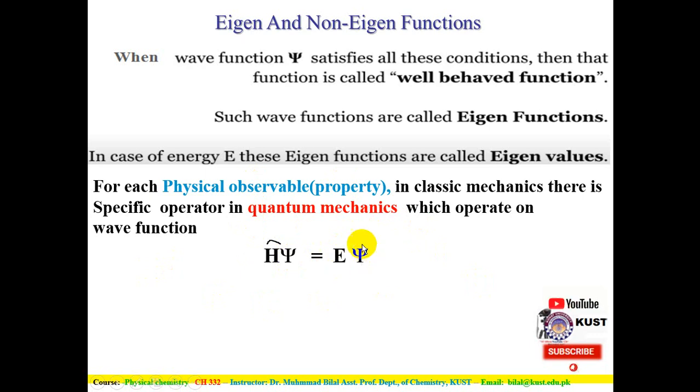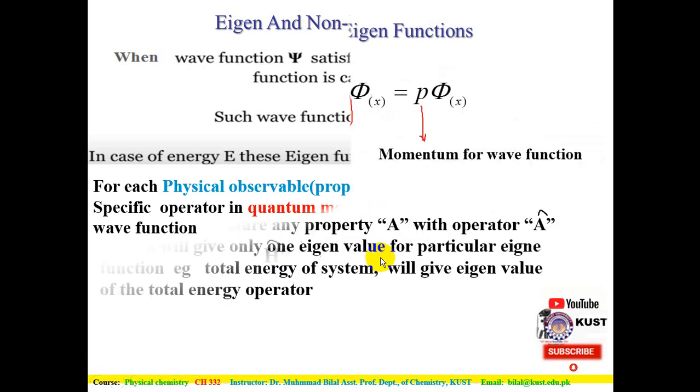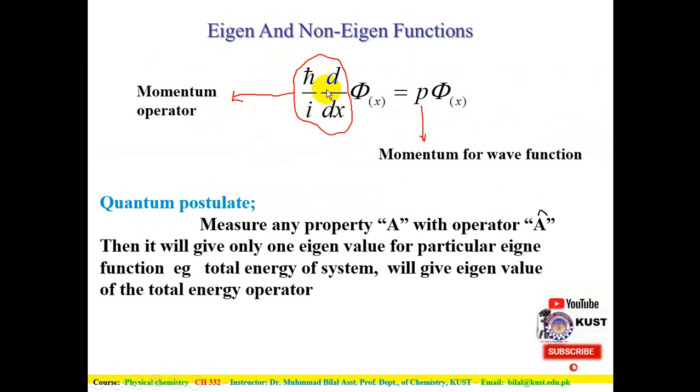So when the Hamiltonian operator operates, it will give the value of energy. Similarly, the momentum operator, h bar over i d over dx, when it operates on a function phi, gives an eigen value for the momentum.